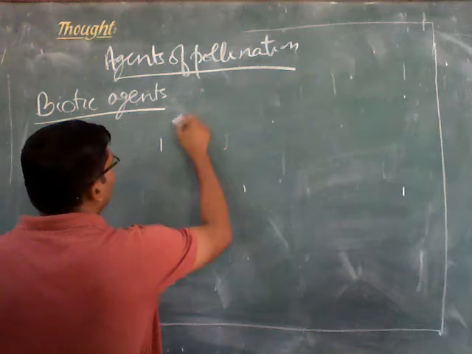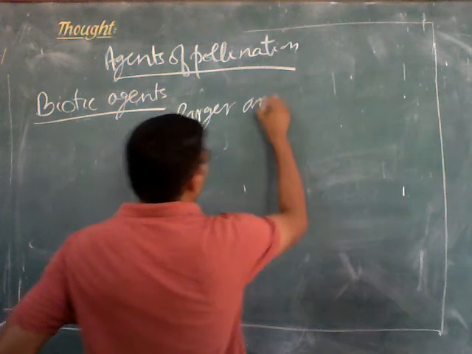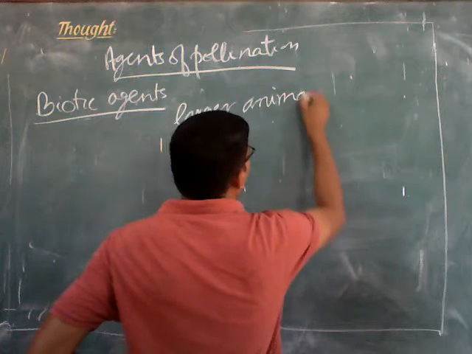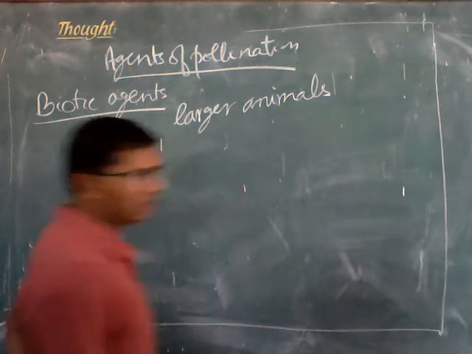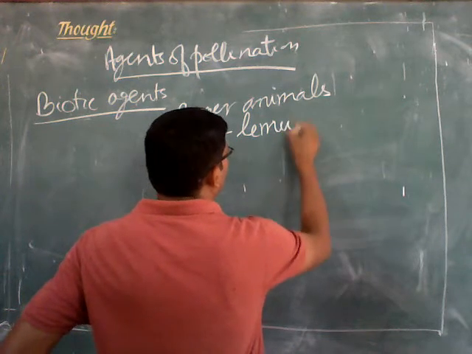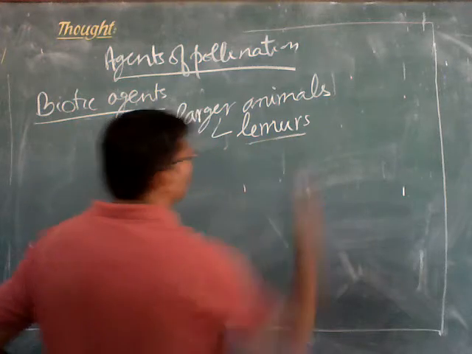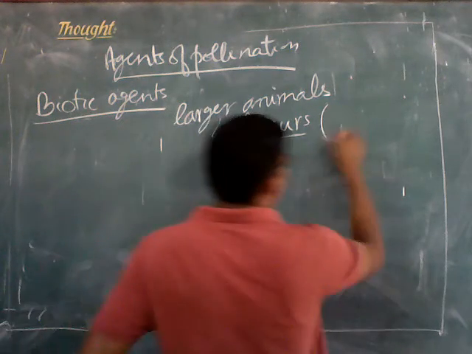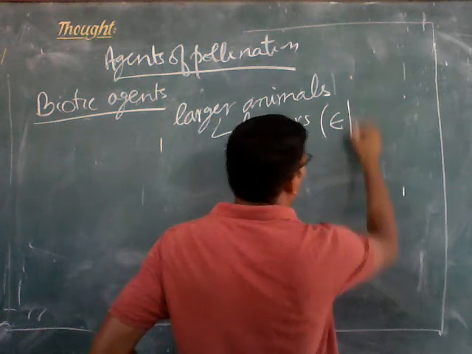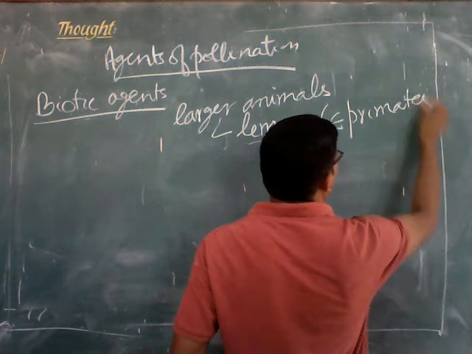Certain larger animals, for example, the beaver. Okay, they also help in the pollination. What are lemurs? They are the kind of organisms which belong to the category of primates.